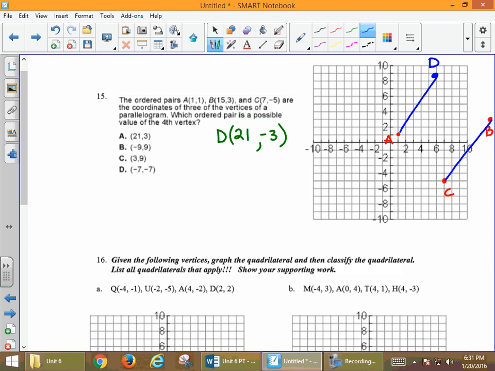So how would I get from C to B? Same scenario. I would rise, and I would run. Well, how far would I go? C is way down here at negative 5, and B is all the way up here at positive 3. So from negative 5 up to positive 3, I would have to go up 8.